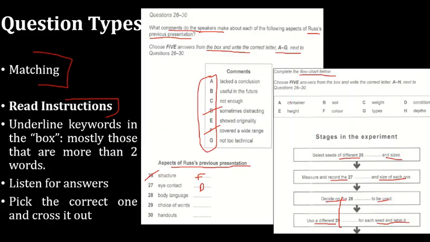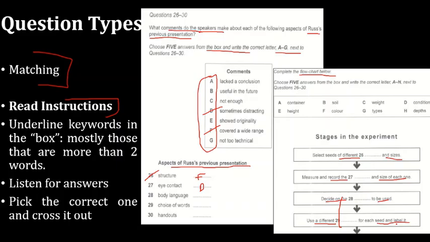First of all, you identify the content within this box. So we have container, soil, weight, condition, weight, height, color, types, and depth. Now you underline your keywords right before and right after the blank spaces.